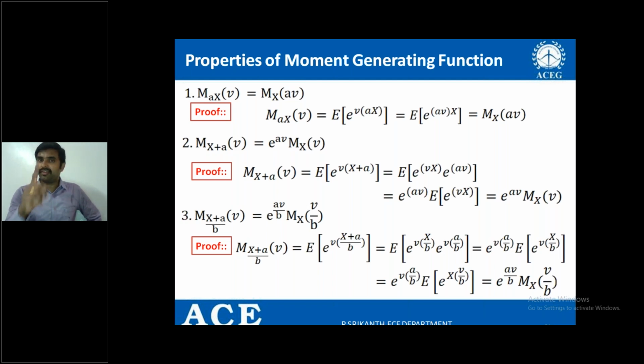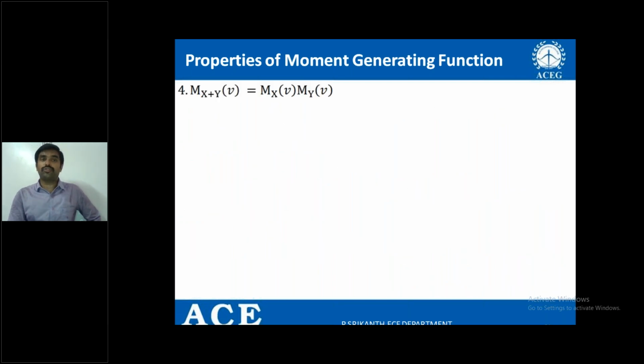So the first property is m of ax of v equal to mx of av. The second property is m of x plus a of v equal to e power av into mx of v. The third property is m of x plus a by b of v equal to e power av by b into mx of v by b, right? And we do have the fourth property.